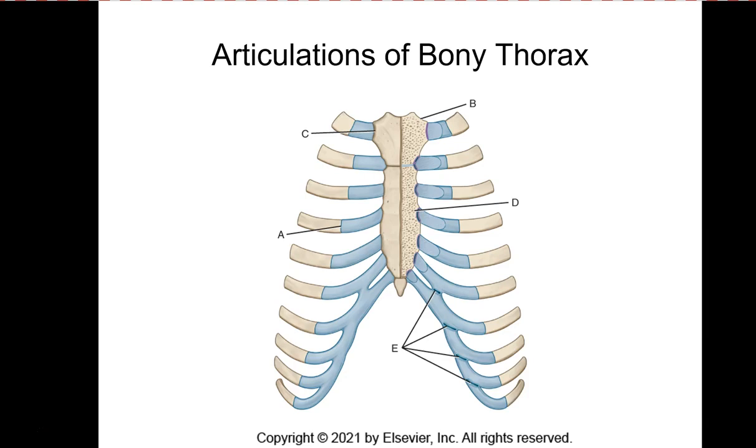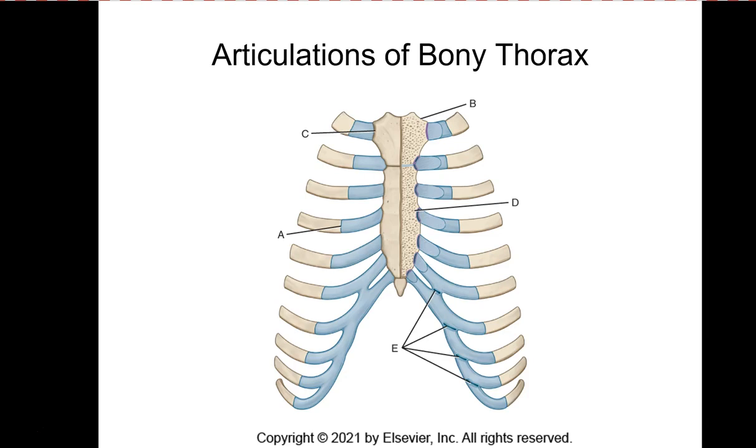Well, guess what? If it's a synovial type joint, it allows for movement. So these interchondral joints have plane or gliding motion and are therefore diarthroidal. And that helps facilitate movement of the bony thorax during the breathing process. Expansion and contraction, of course.